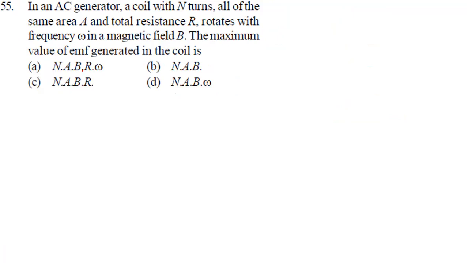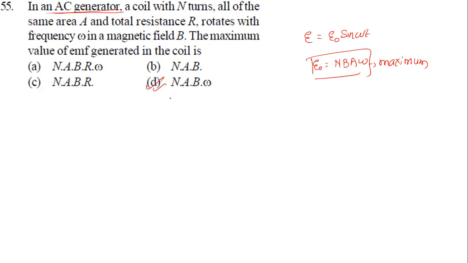The maximum value of induced EMF: EMF equal to E naught sine omega t, where E naught is given by NBA omega. This is what we call the maximum value of induced EMF. This is the right answer. No need for further discussion. AC generator, EMF is induced in this way.